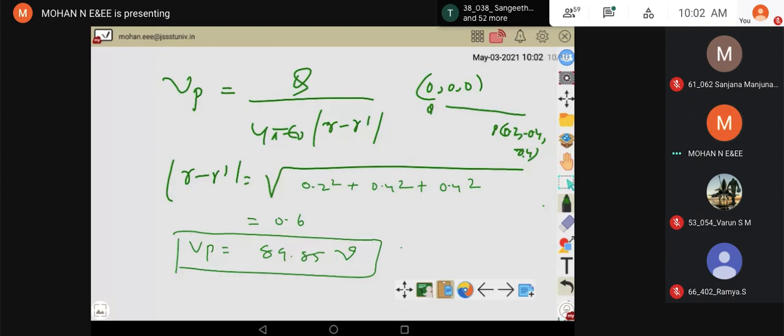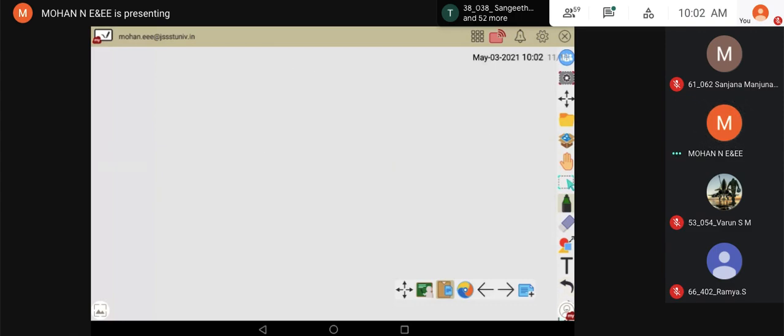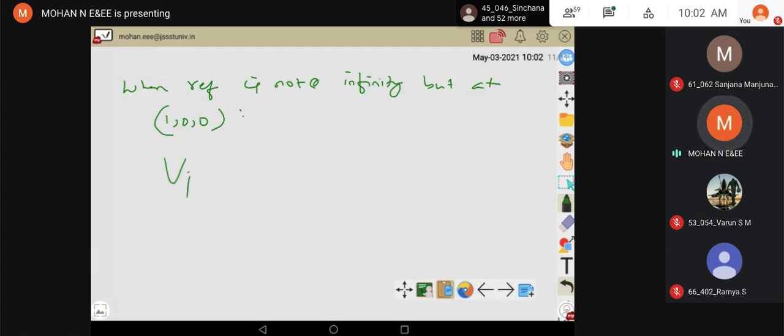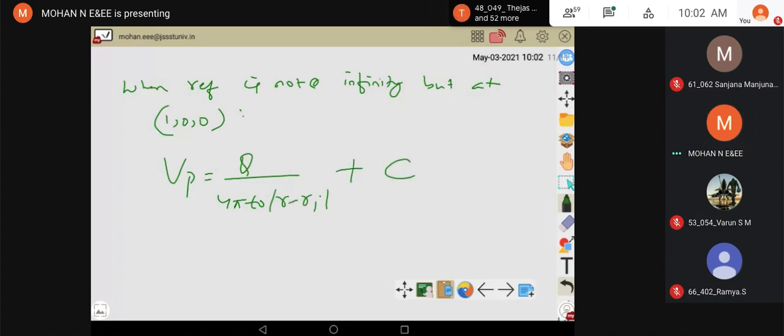Okay, yes. Next, we shall move on to when the reference is not at infinity but at (1, 0, 0). This is the case, so the formula changes here: Q by 4 pi epsilon naught times the magnitude of r minus ri, plus C. You are supposed to find the voltage at P due to the reference given to be at (1, 0, 0).